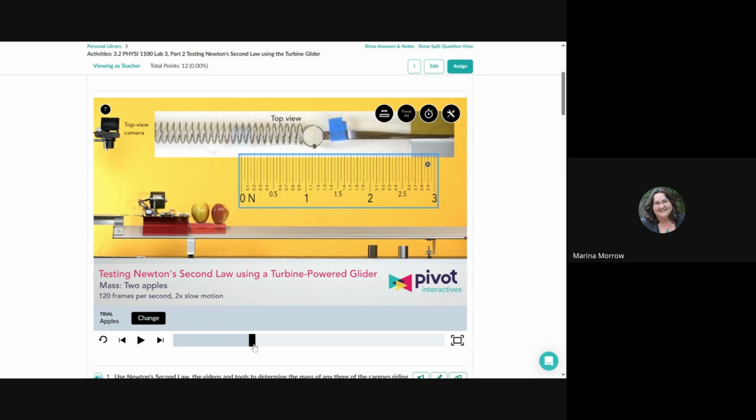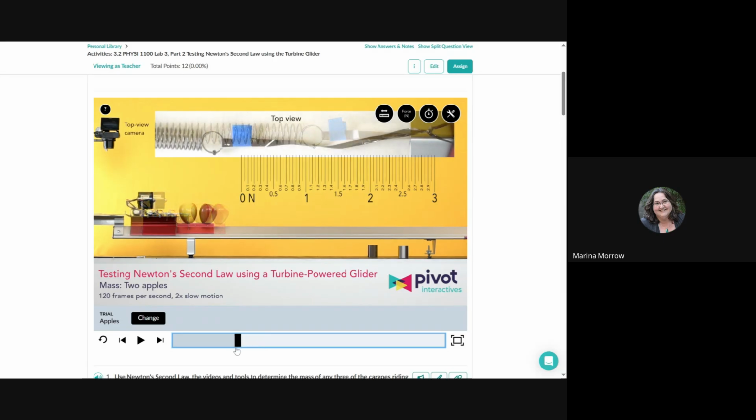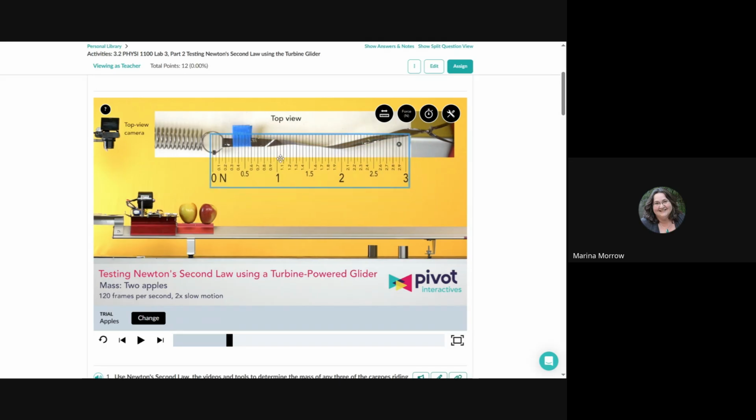So what we need to do is find a point where the tape is relaxed, and the fan hasn't started yet. You're going to place your 0 on either a little bead or maybe the blue tape, and then measure the distance that the spring changes once the fan is turned on.